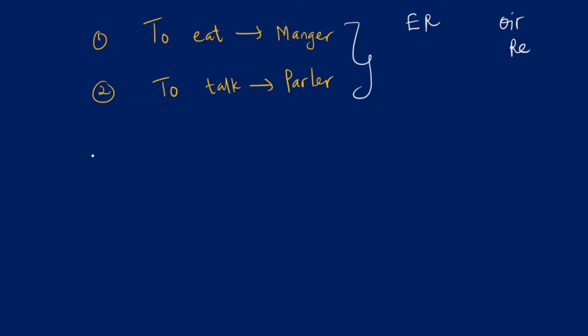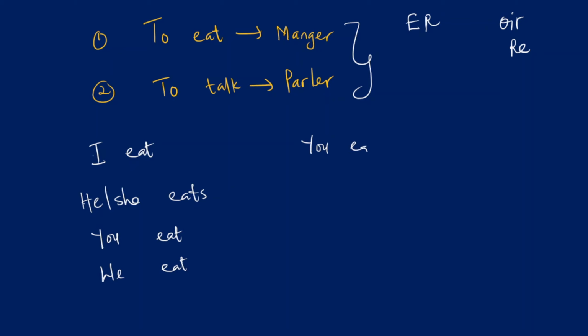Let's say you want to talk about the verb to eat: I eat, he or she eats, you eat, we eat, and plural you eat, and they eat, right? Can you see? Don't forget, this one very well has an s.